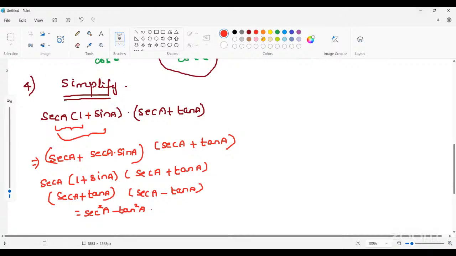What identity we know? We know secant square A minus tan square A is equal to 1. So, using that identity, secant square A minus tan square A is equal to 1.